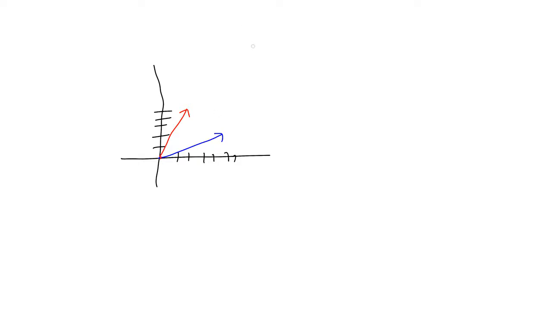We can take blue, which was maybe 5, 2, and we can take red, which is maybe 2, 5, I don't know. And we can multiply this together and say that's 10 and that's 10, so the thing comes out to be 20, right?